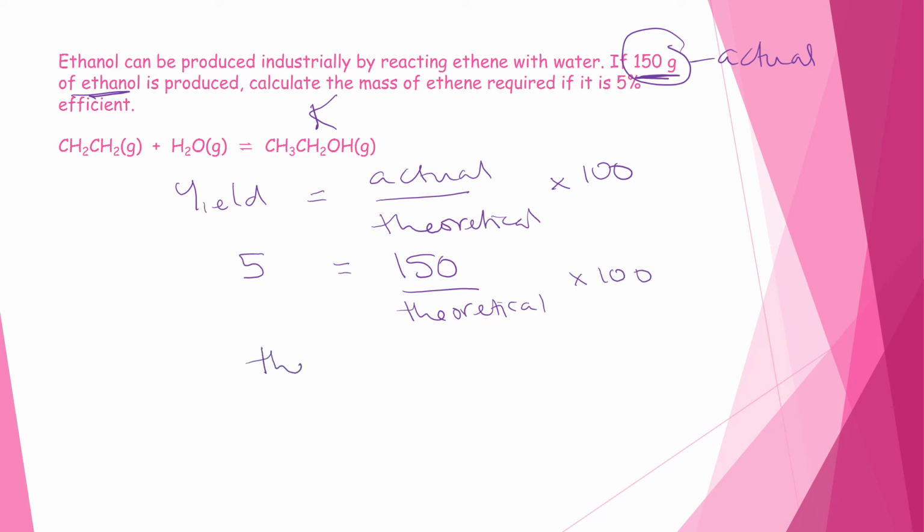So rearranging the question, the theoretical will equal 150 times 100 divided by 5. And this comes out to 3,000 grams. Now this is pretty logical. You'd expect there to be a lot more if it was 100% conversion.